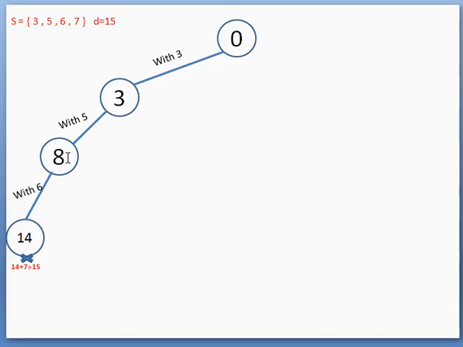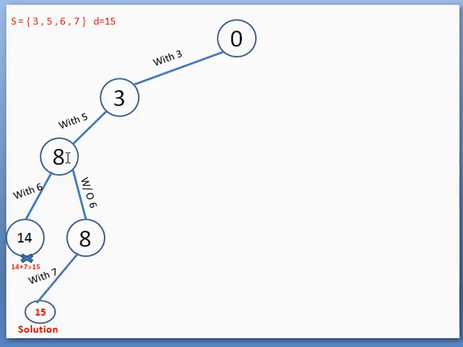So now we have to apply the backtracking technique, and we have to backtrack by excluding the number which we have included last. The last number which we have included is 6. So include or exclude 6. If I exclude 6, our sum goes back from 14 to 8. 8 is less than 15, so now try to include the next number. The next number is 7.